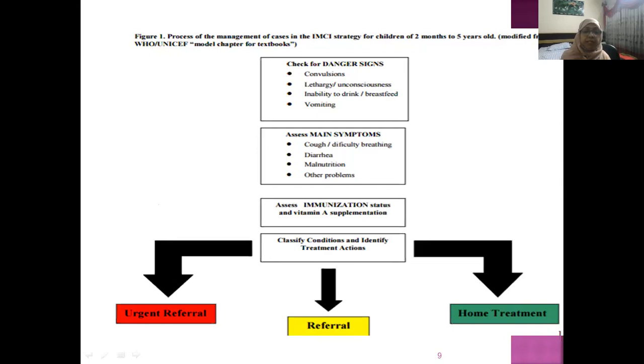If the classification is red, you have to refer the child urgently to the hospital. If it is yellow, you have to treat at home, but here it is written referral no. You have to treat the child at home with some advice that I'm going to tell you later in my next slides. And if the baby is in the green zone, you have to give home treatment with some advice.